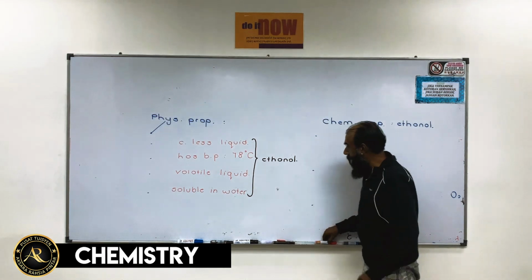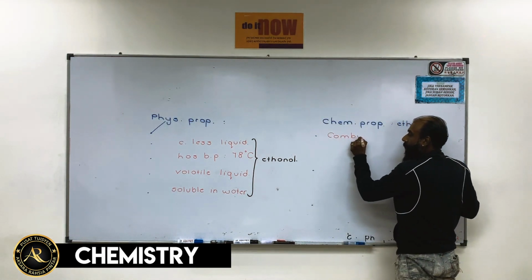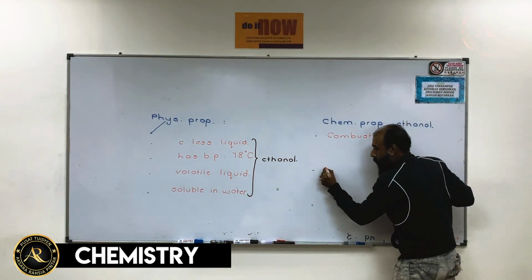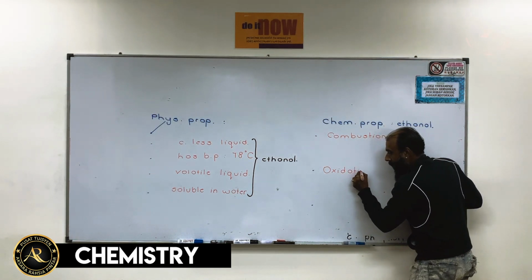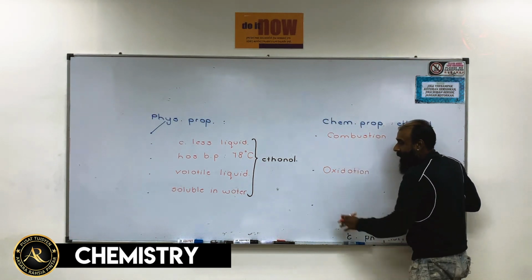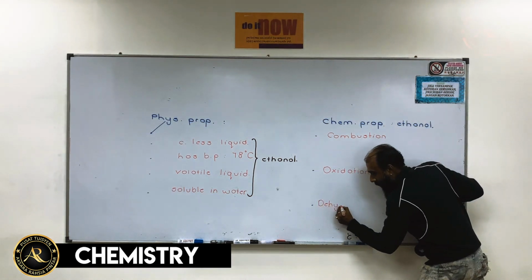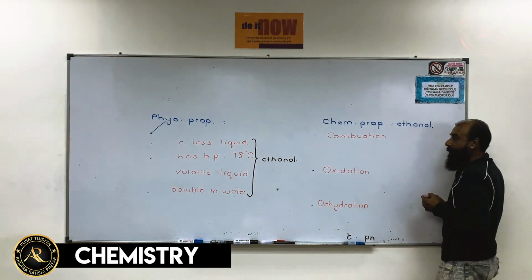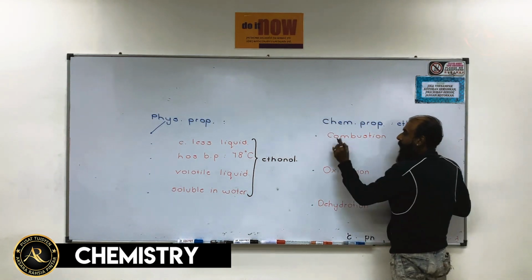What are the 3? The first one, combustion. Number 2, oxidation. Number 3, dehydration.